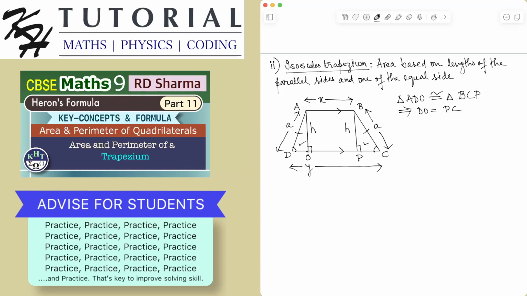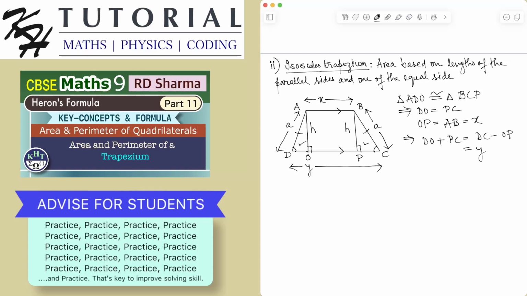Since we know the length of the hypotenuse, consider the triangle ADO. But before that, one thing to note is that we have DO equal to PC. Now since ABPO is a rectangle, OP will be equal to AB, which is equal to x. So this implies that DO plus PC will be equal to DC minus OP.